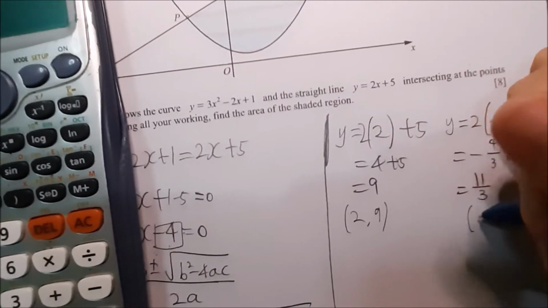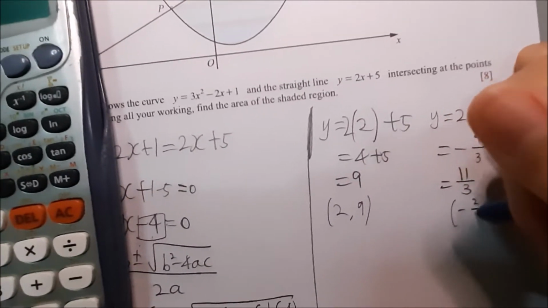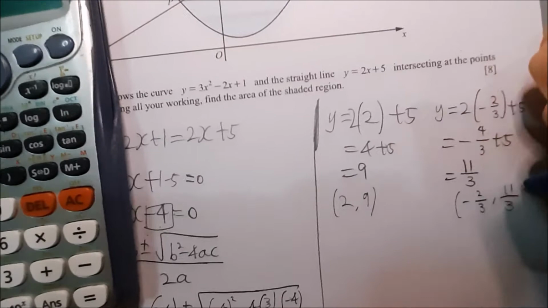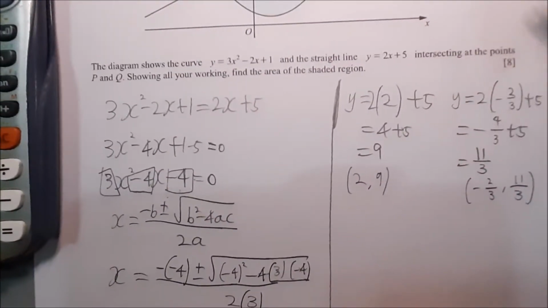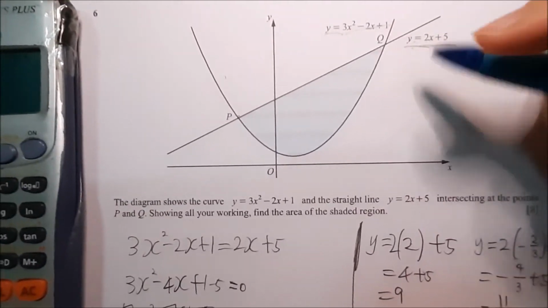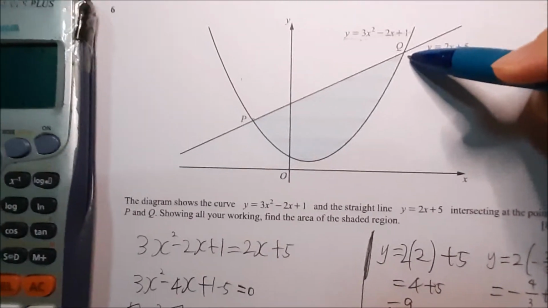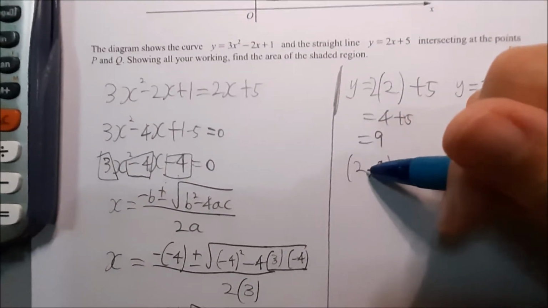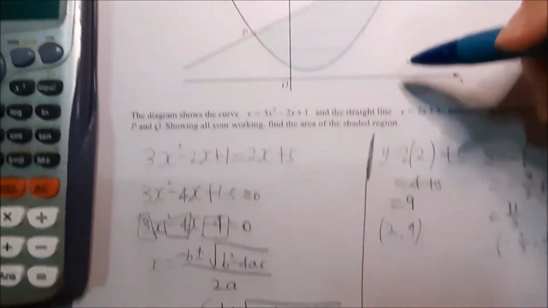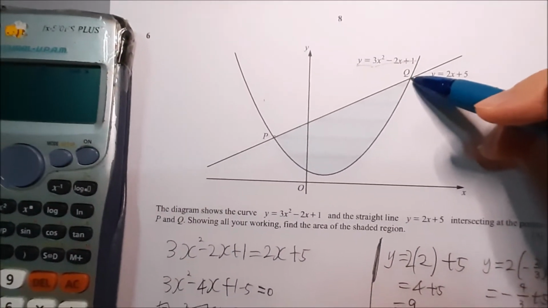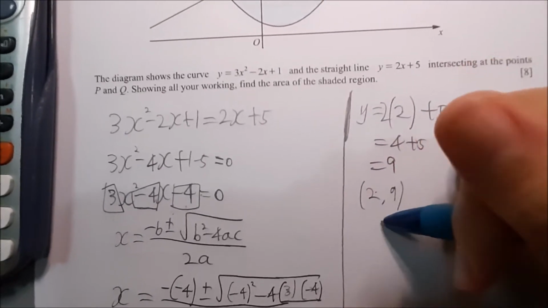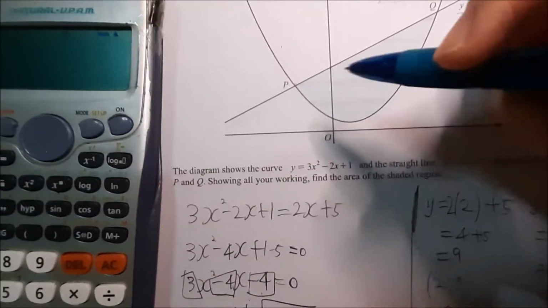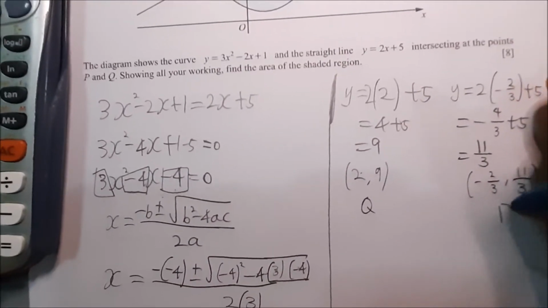So your second coordinate is minus 2 over 3, 11 over 3. From here you can already tell which one is P and which one is Q. Since Q is on the positive side, the x value will be positive, so this must be Q, and P is negative, so the other one must be P.